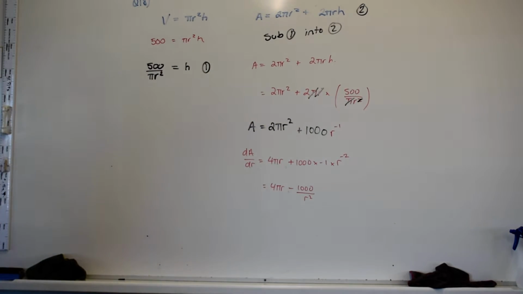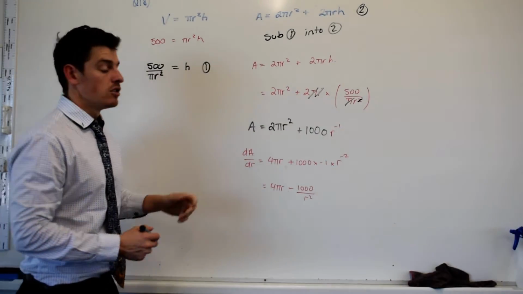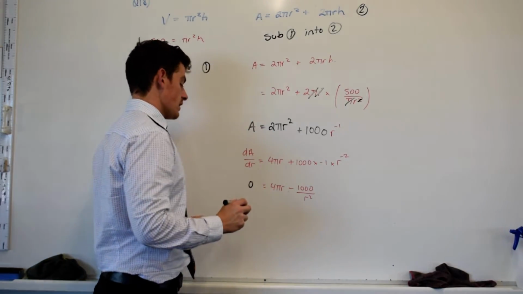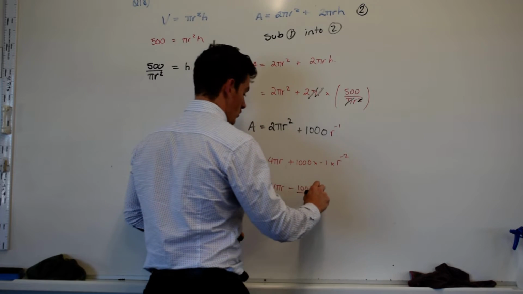And then exactly what Ethan said, well before I do that, what's this got to equal? 0. Exactly what Ethan said, where I add 1000 over r squared to both sides.